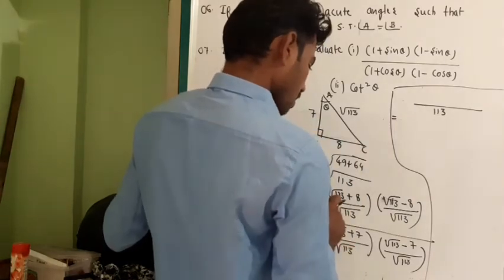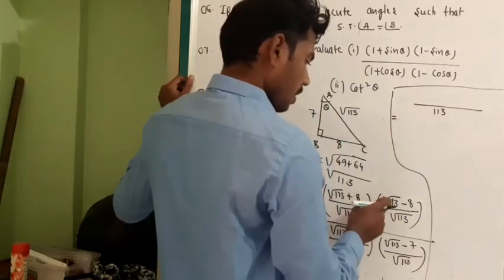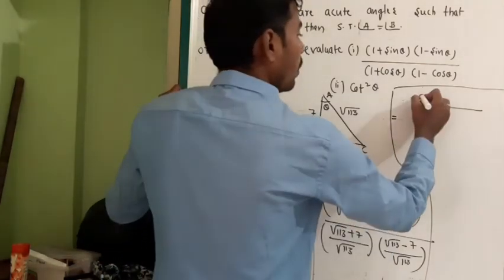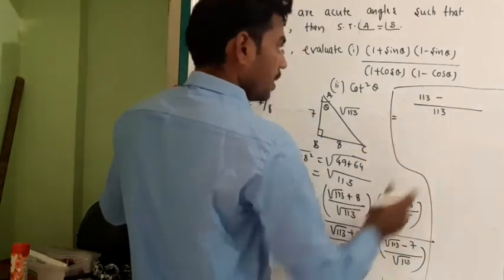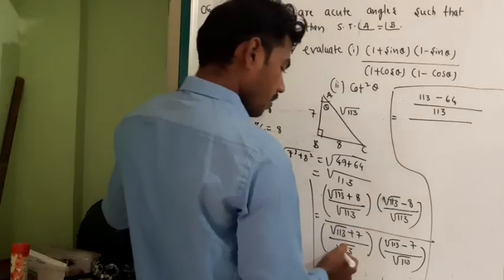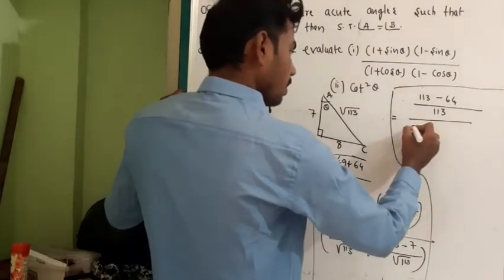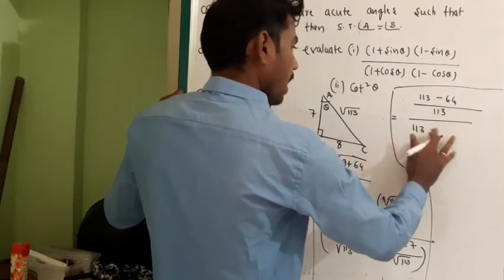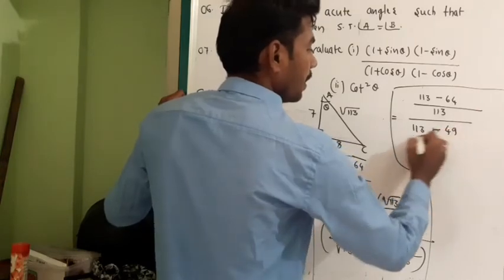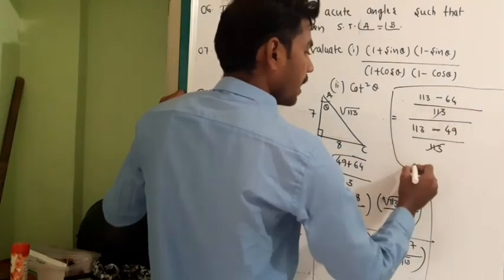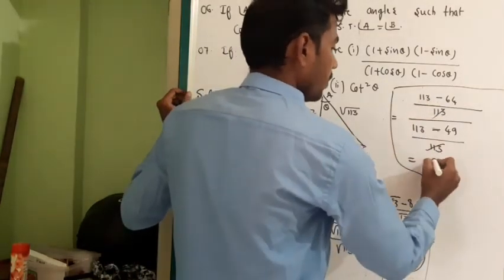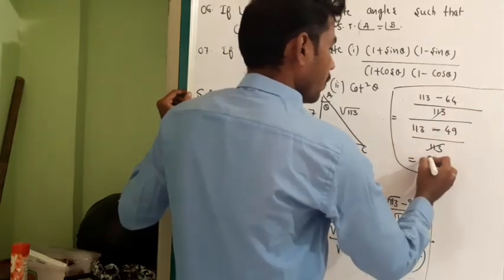Next, root of 113 into root of 113 is nothing but a plus b into a minus b, which is a square minus b square, that is 113 minus 64, divided by 113 minus 7 square, which is 49. The 113 will get cancelled. 113 minus 64: 30 minus 4 is 9, 10 minus 6 is 4, so 49.